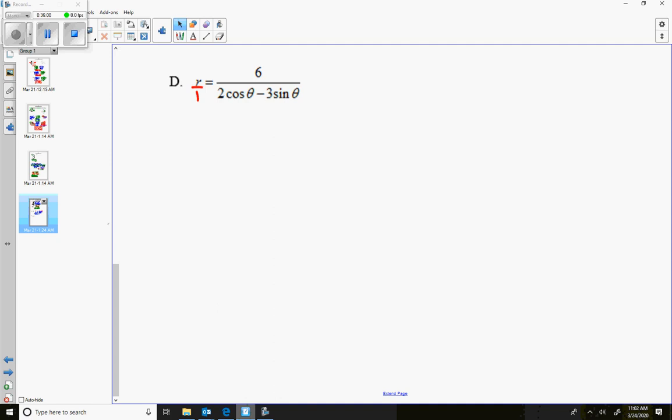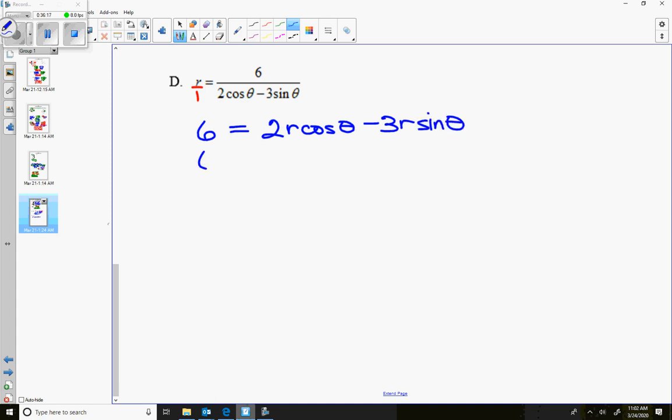So when we cross multiply, I get 6 equals 2r cosine theta minus 3r sine theta. Real quickly then becomes 6 equals 2x minus 3y.